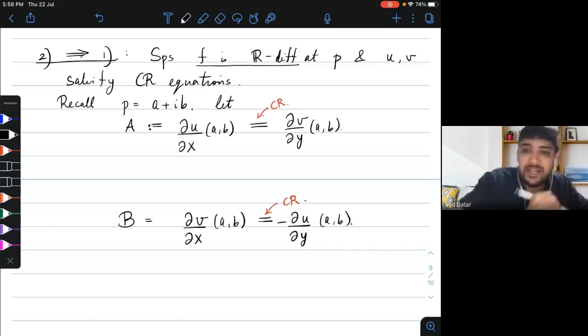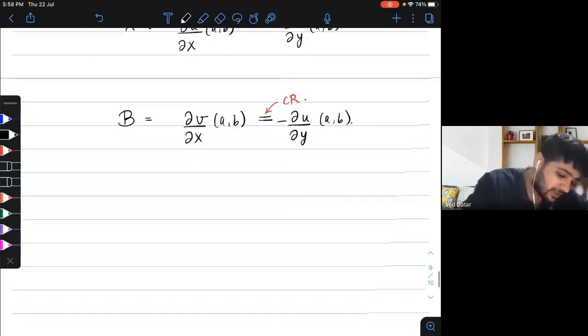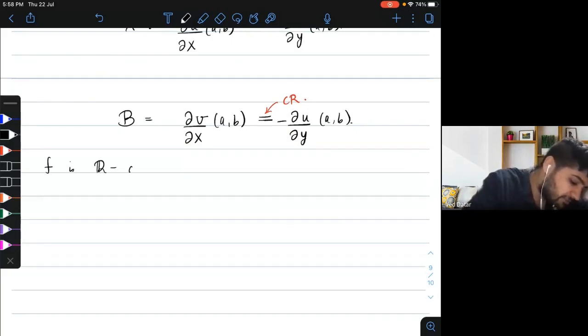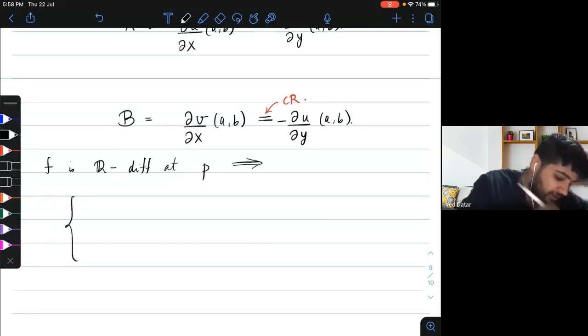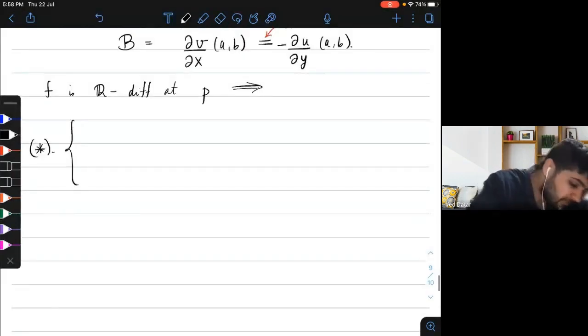Okay, but we have an additional assumption. We also know that f is R-differentiable. So what does that mean? f is R-differentiable at P implies we have the following set of equations, which I'll call star. This is the linear approximation.